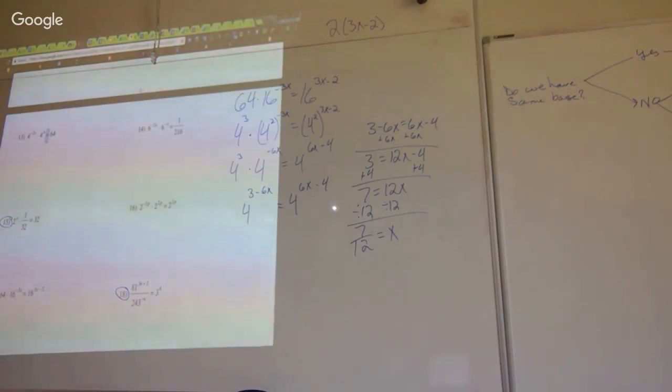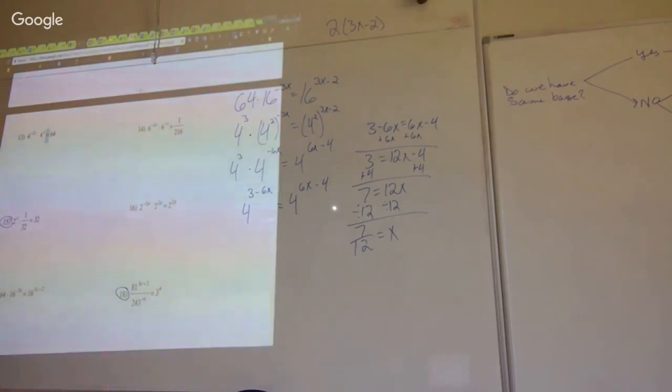You multiply. Now, same base. What do we do with the exponents when we divide? You subtract.